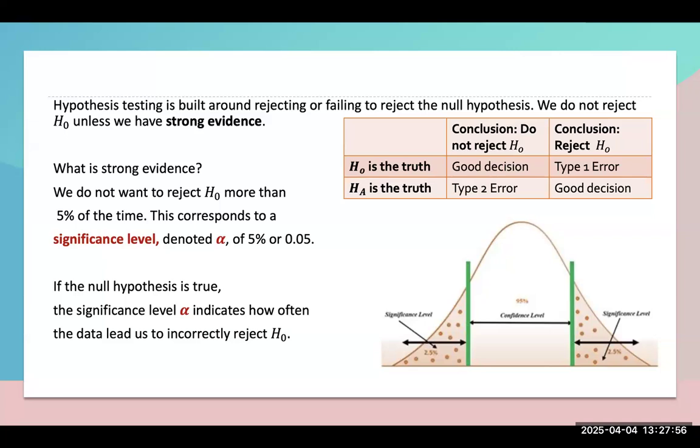We'll do a problem where I explain this further, but the 5% refers to living in the tails, and the confidence level is living in the middle of the graph. So when you see 5% significance, if we're doing something called a two-tailed test, which I'll explain later, that's the same thing as 95% confidence.